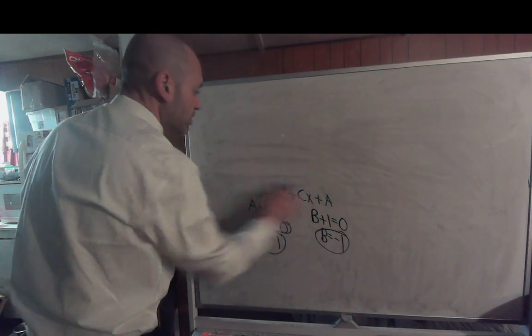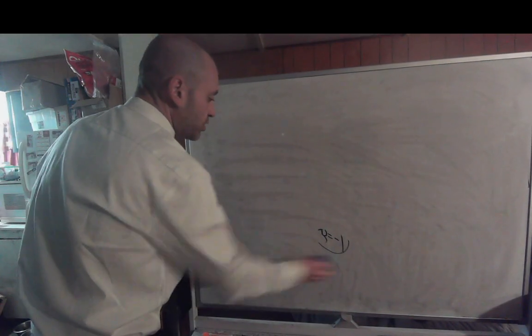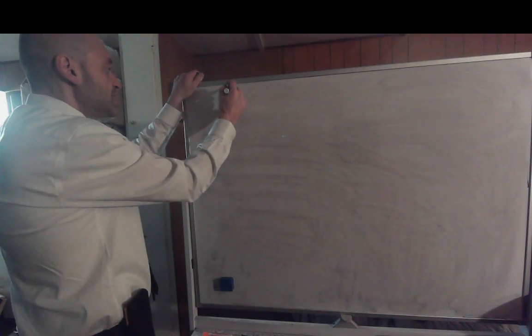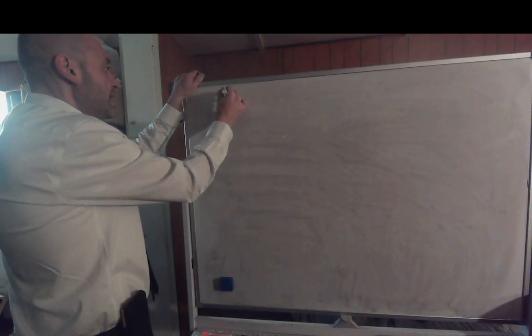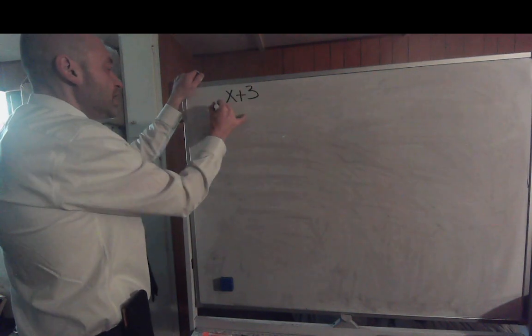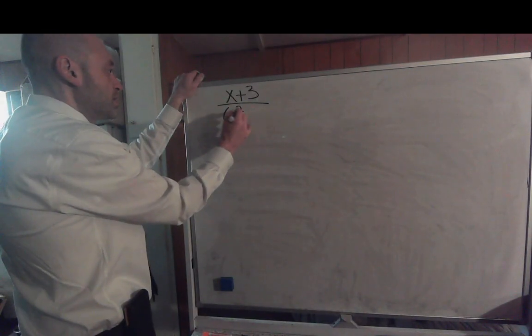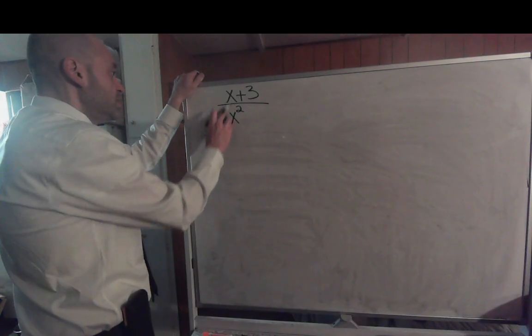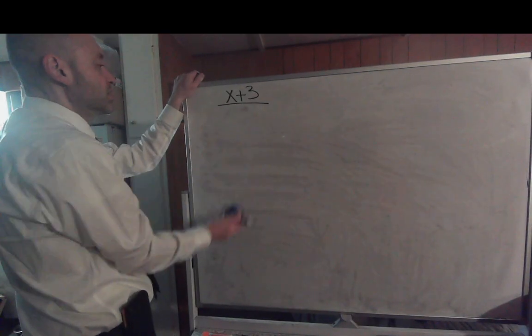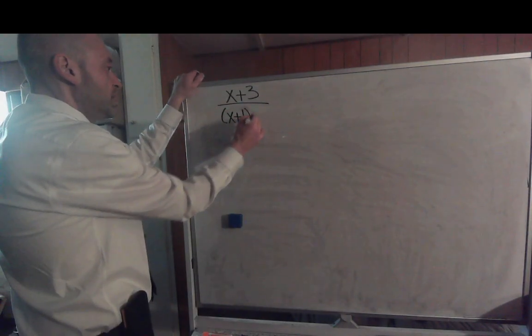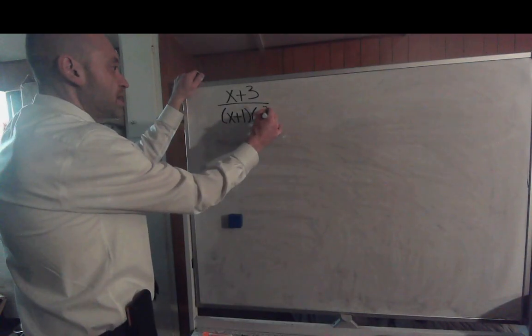So let's do something similar. But let's throw in another variable on the top. So let's say I have x plus 3 all over x plus 1 times the quantity of x squared plus 2.